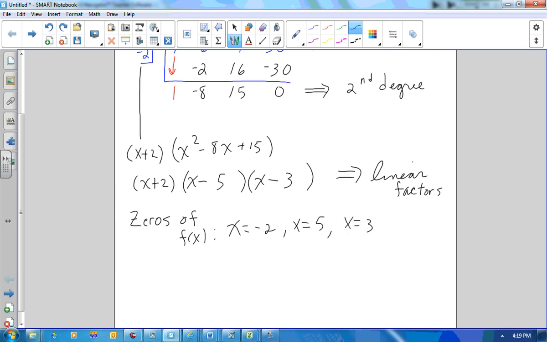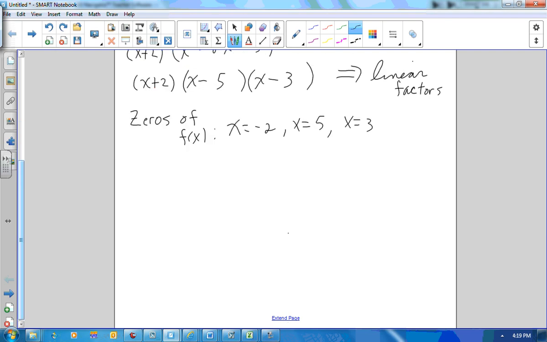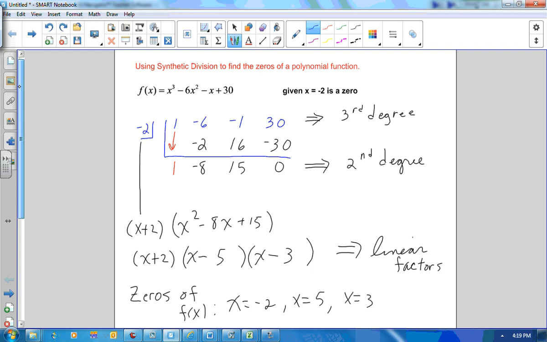Now I can use this information along with the other information I already possess to graph this polynomial function. So I always want to think about what's the degree of my polynomial function. And so I know it's a 3rd degree. And let's go back up and look at the lead coefficient.